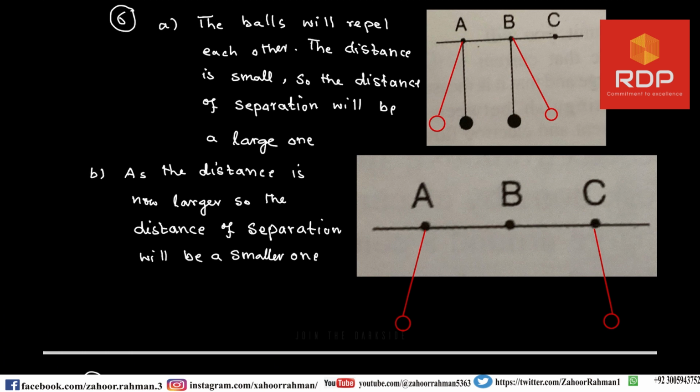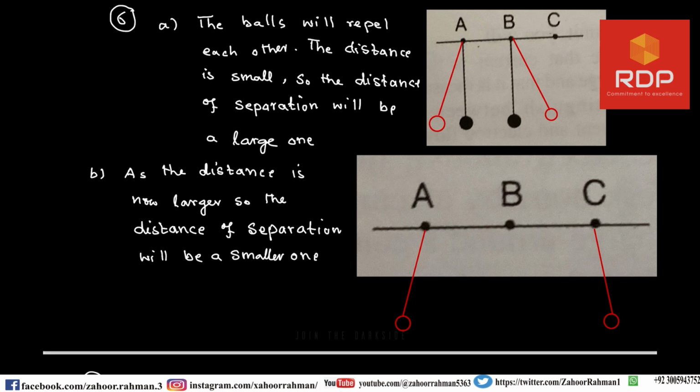Now, in this case, you have to observe the separation because A and B are close to each other and they exert a force of repulsion on each other. Because the force of repulsion will be greater, they will separate more, as you can see in the figure by the red lines.